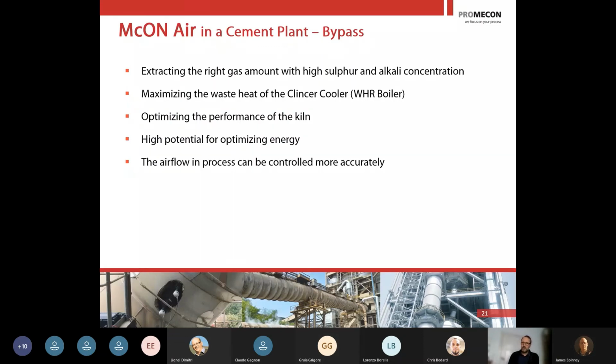You can use the measurement then to maximize the waste heat to the clinker cooler, if you have a WHR boiler installed. Of course, you can optimize the performance of the kiln. It gives you also the potential for energy savings, and the airflow in the process can be controlled more accurately.